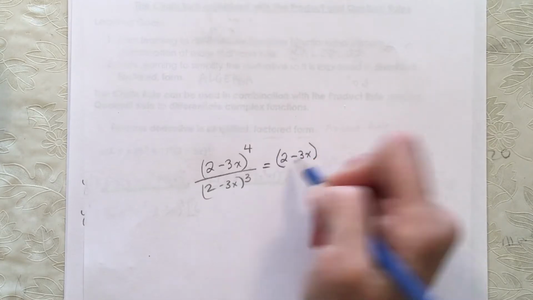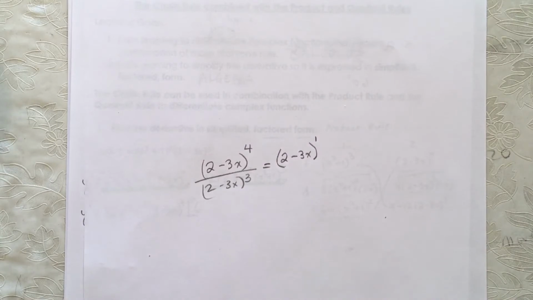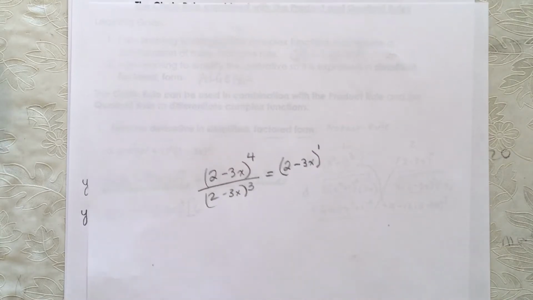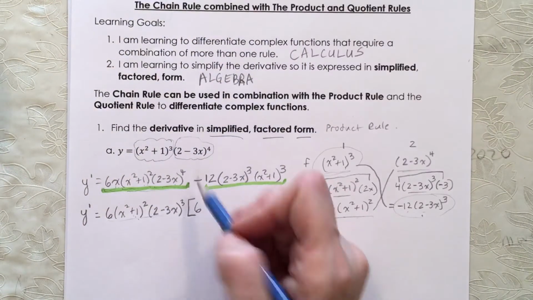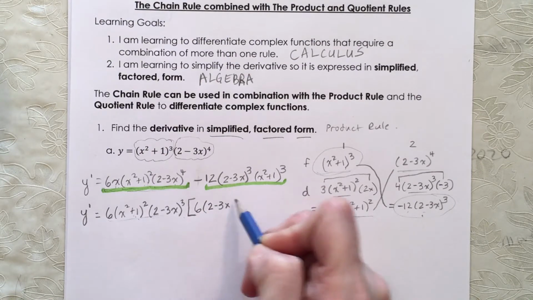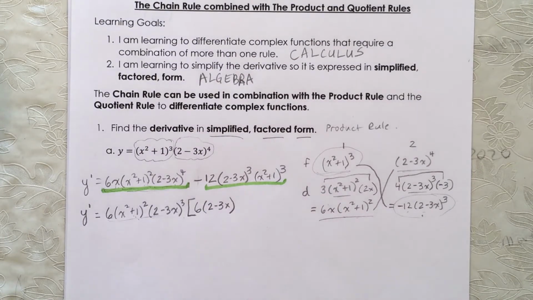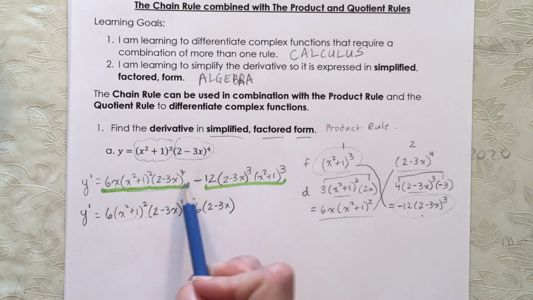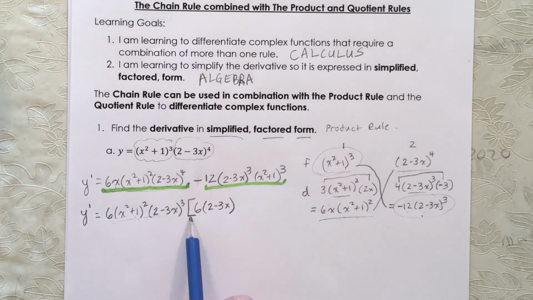So that should give me 2 minus 3x to the power of 1. Okay? So I'm going to use a bracket here. 6 times 2 minus 3x to the power of 1, which I don't need to show. So now I've divided this first green chunk by the greatest common factor.